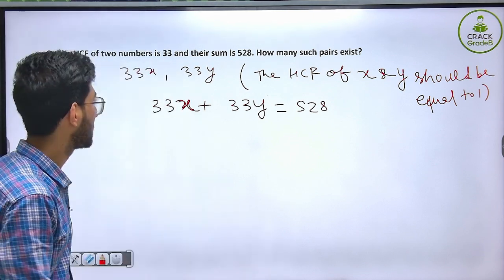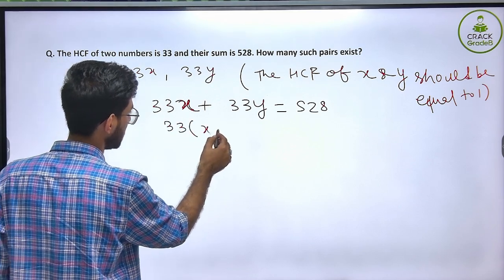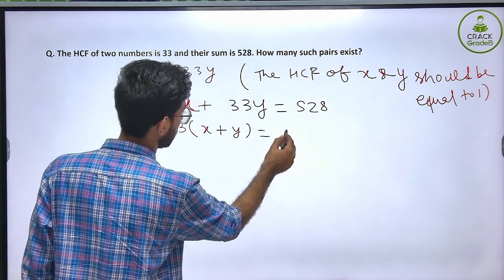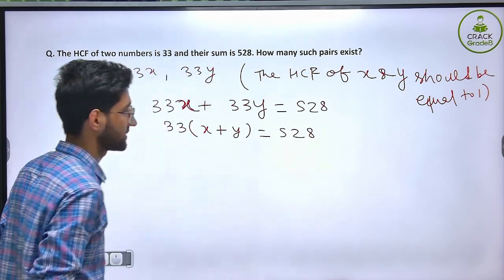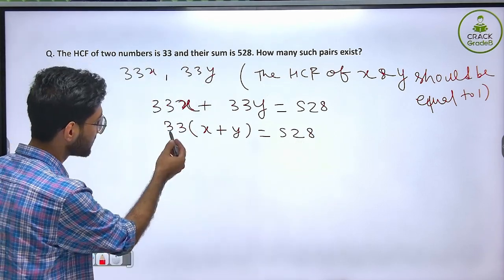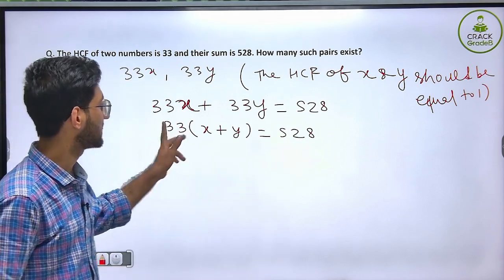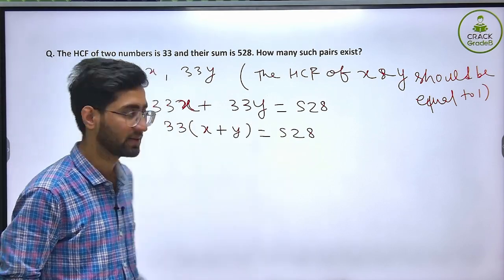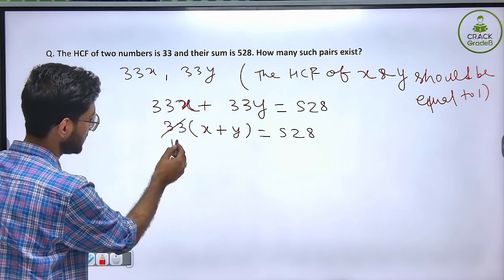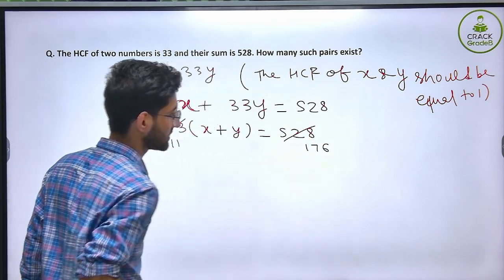So simple, 33x plus 33y equal to 528. So 33 into x plus y equal to 528. Again, we have taken the common, right? See, 5 plus 2, 7 plus 8 is 15. Means 33 is also divisible by 3, right? So 3 into 11 and 3 into 176.